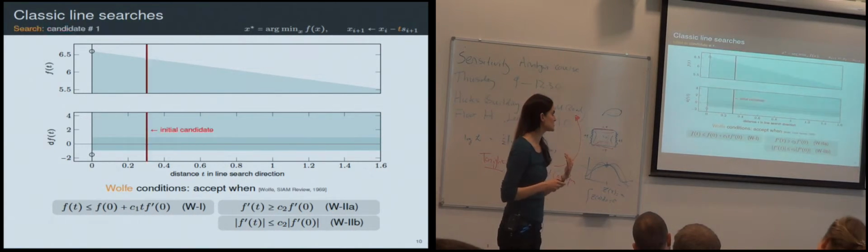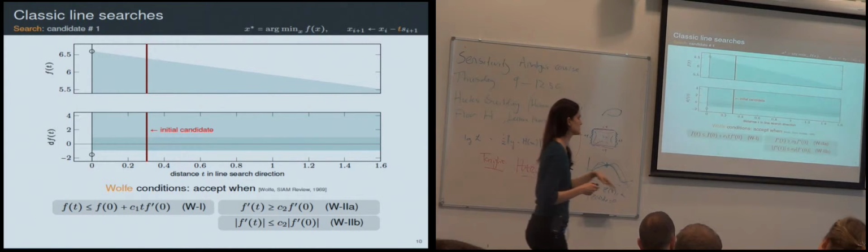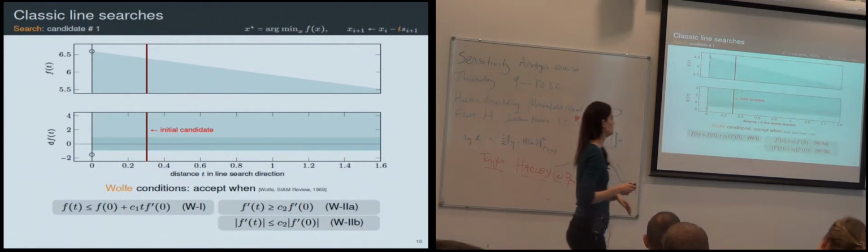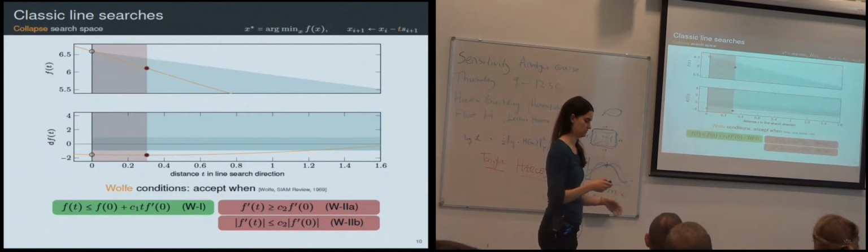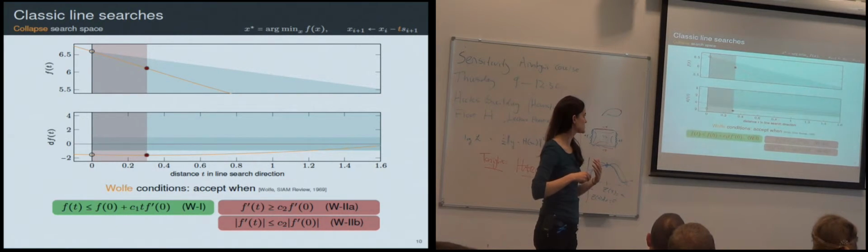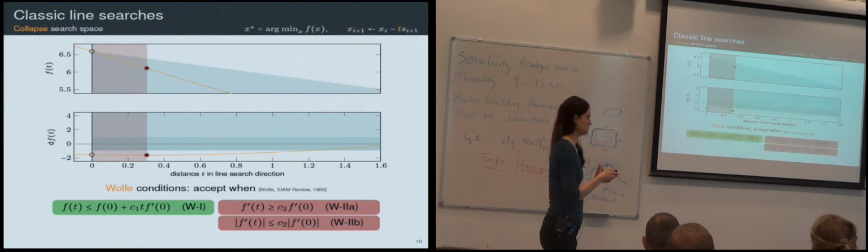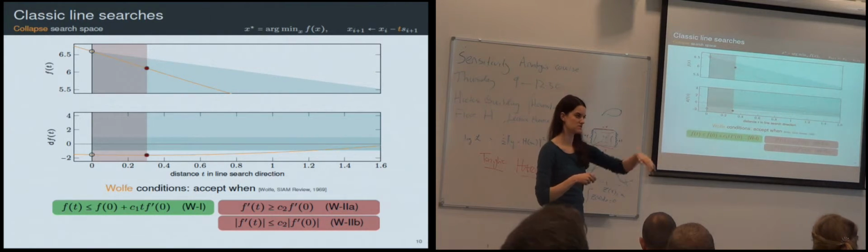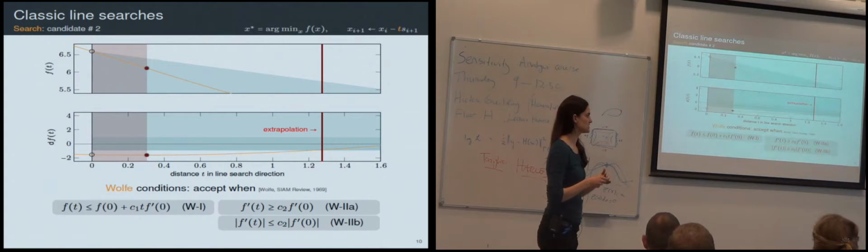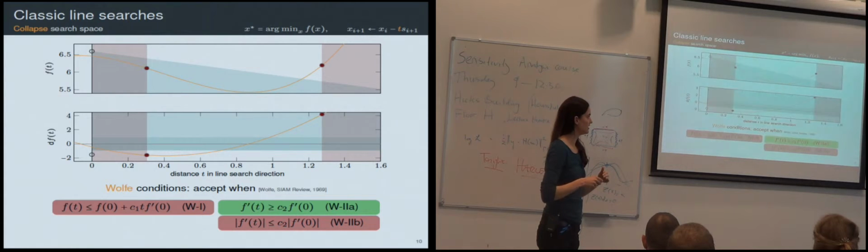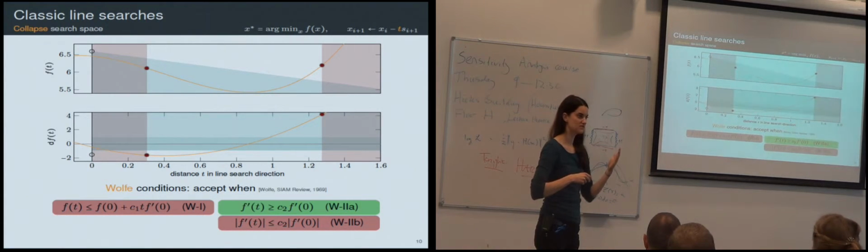OK, then the line search just tries out one initial step size. So it's going to evaluate here. It finds a value, and it will not accept this because the gradient is not inside of the green region. So it's just going to try further out to the right because the gradient is still negative, so it knows it's still going downhill. So it's going to do one extrapolation step. It evaluates there, and now it finds that the gradient is positive. So somewhere in between there must be a minimum. But now the function value is too high.